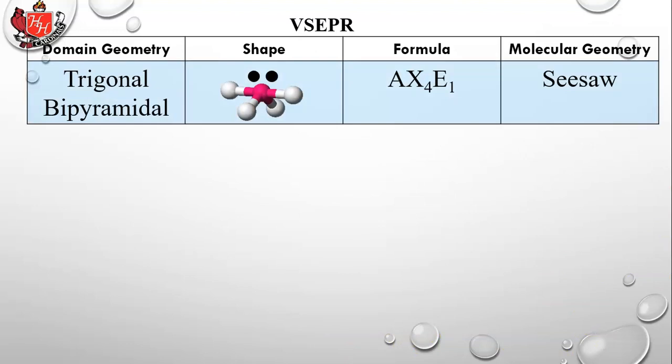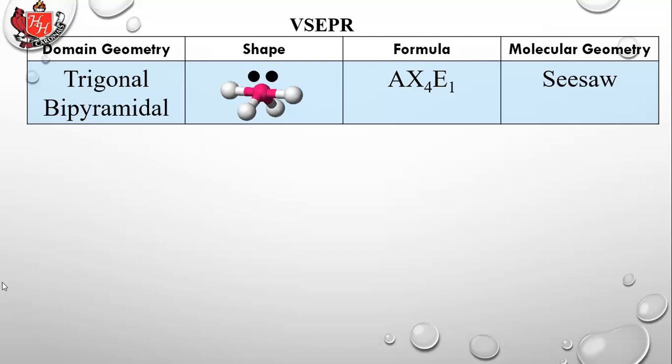Okay, now we're also trigonal bipyramidal domains. X4 is 4 bonding, E1 is 1 non-bonding, so that's a total of 5. So we still have 5 electron domains. That's still the trigonal bipyramidal family. But now you've got to picture that last slide. They took the axial and turned them on their sides. So those 2 on the right and the left are the axial.